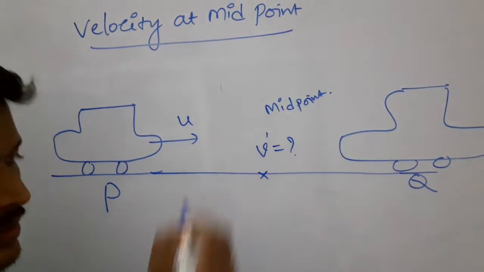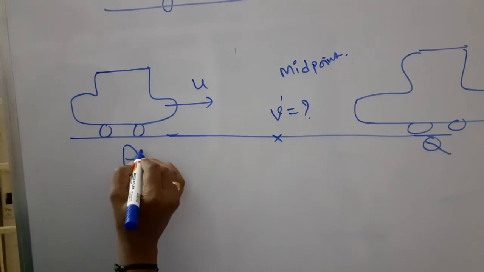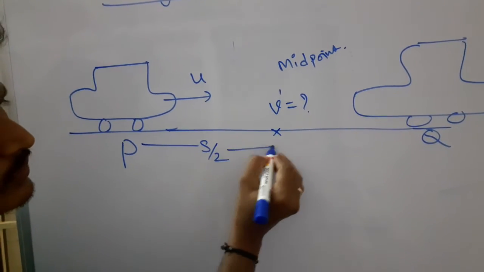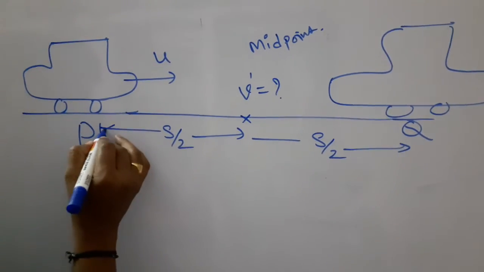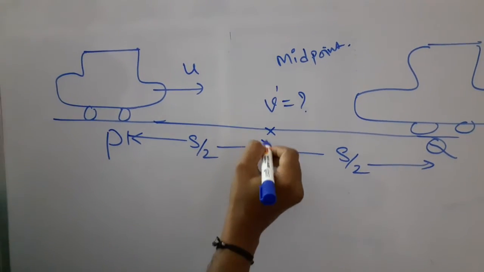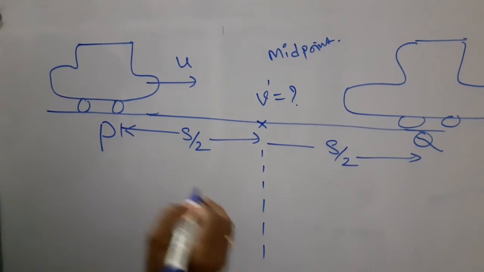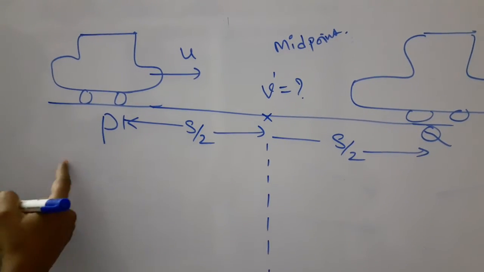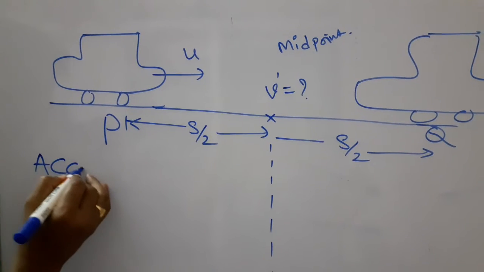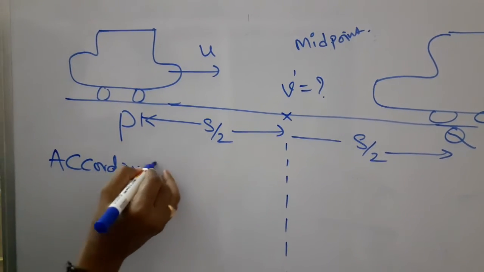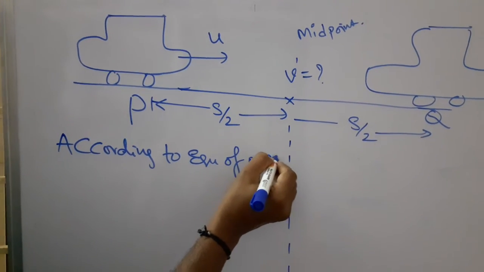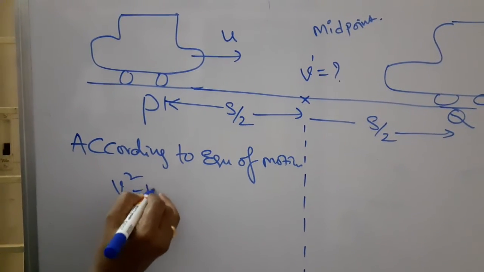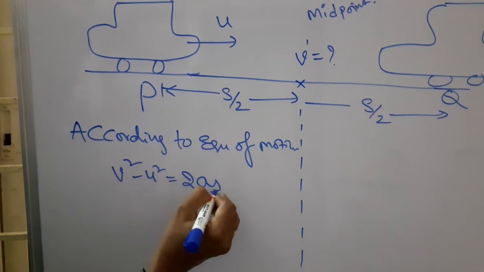Up to here the displacement is s by 2, next s by 2. According to the equation of motion, v square minus u square is equal to as.